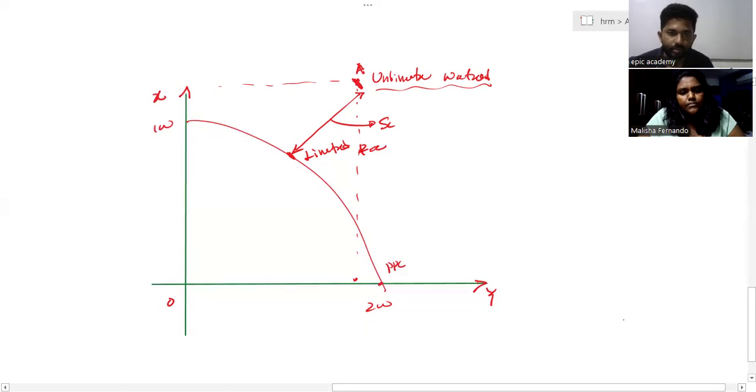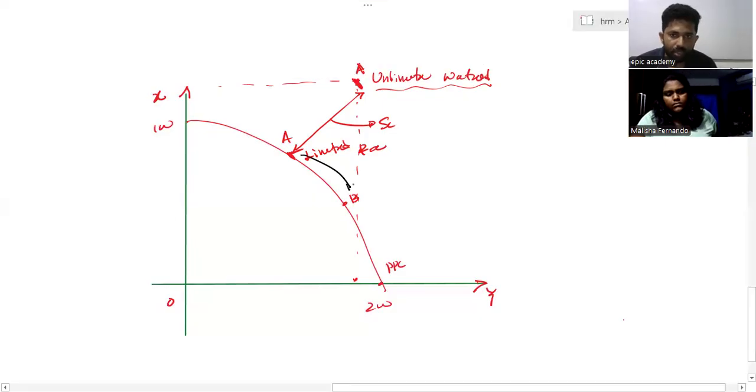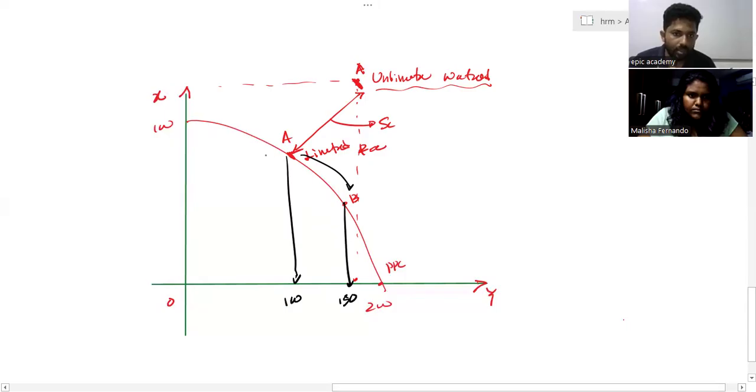And the next one is opportunity cost. Already we discussed that. Consider this is the point A and this is the point B. Now the producer tries to change the production from A to B. That means increasing the production of Y commodity from 100 to 150, and sacrificing the amount of production of X commodity, from 80 to 60.